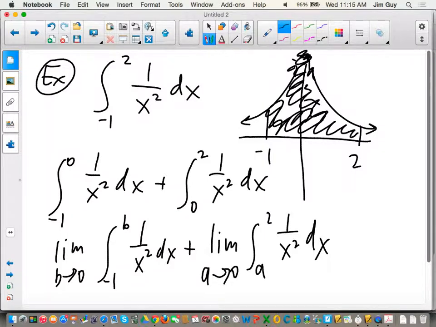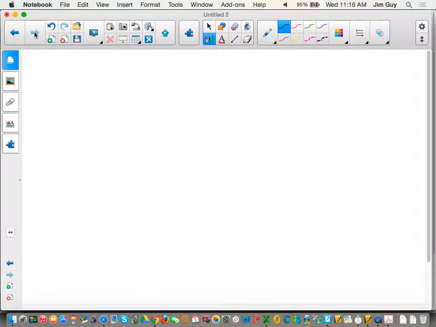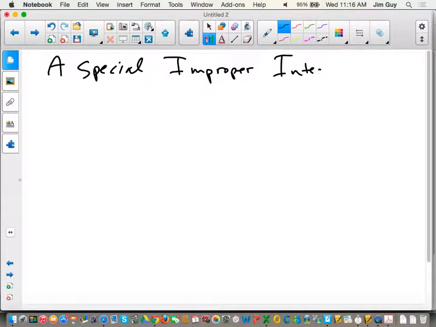Okay? Now, I didn't see it mentioned in this book, but some books mention, and I think it's helpful, what they call a special improper integral. Because I know on the AP test this could certainly save you some time, consider it kind of a shortcut.